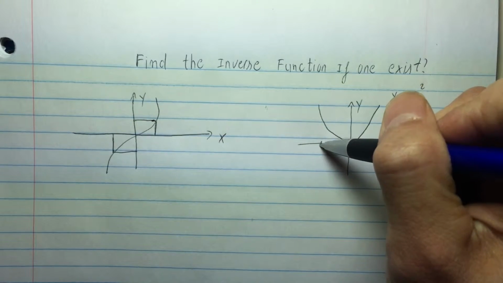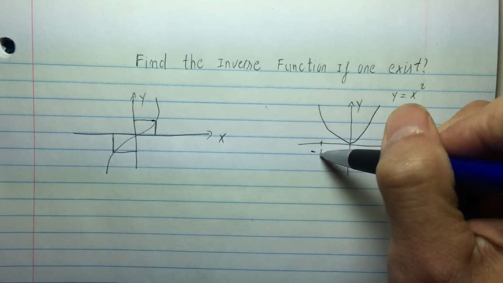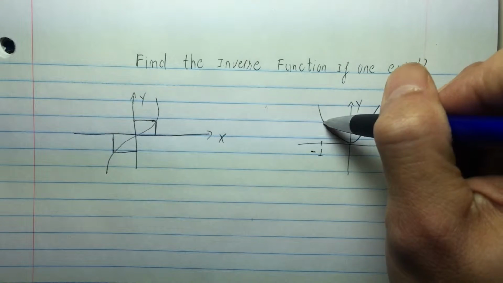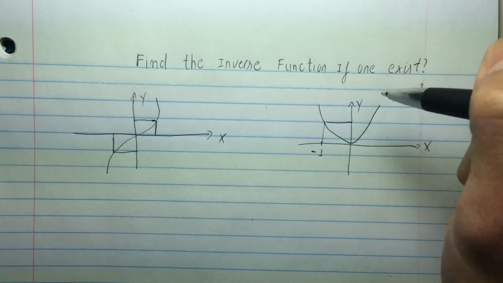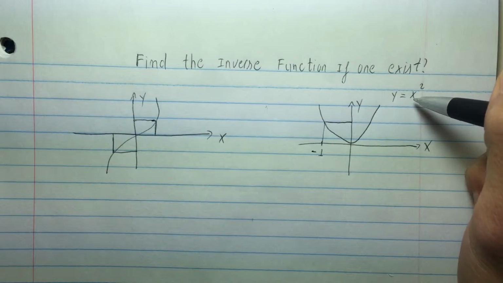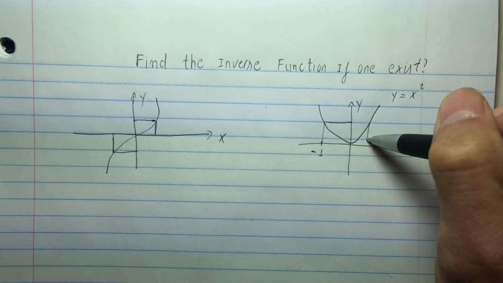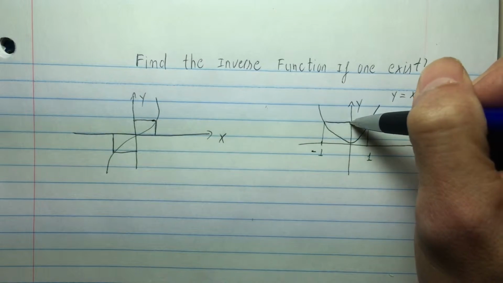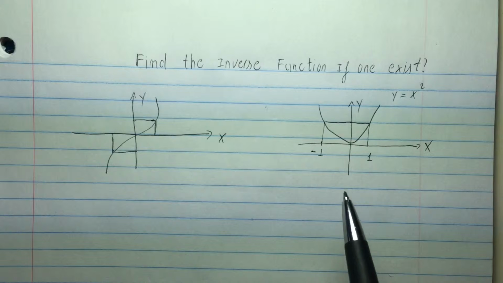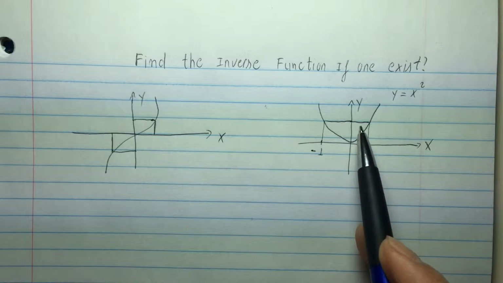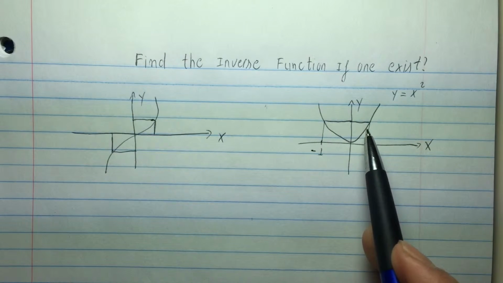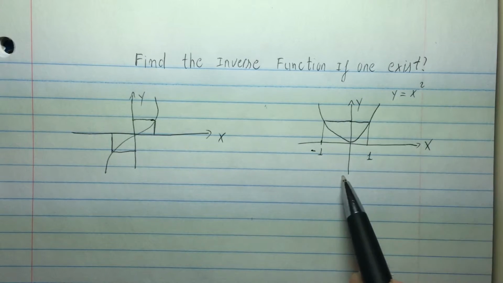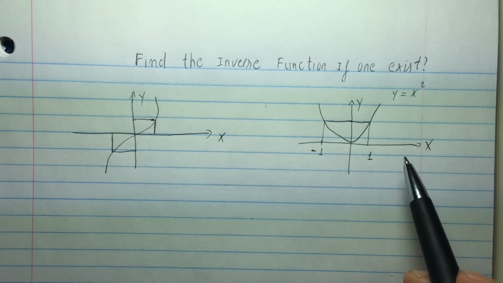If I have x equal minus 1, y equals 1. If I have x equal 1, y equals 1. So two values of x give one value of y. So it is not one-to-one, so this one has no inverse function.